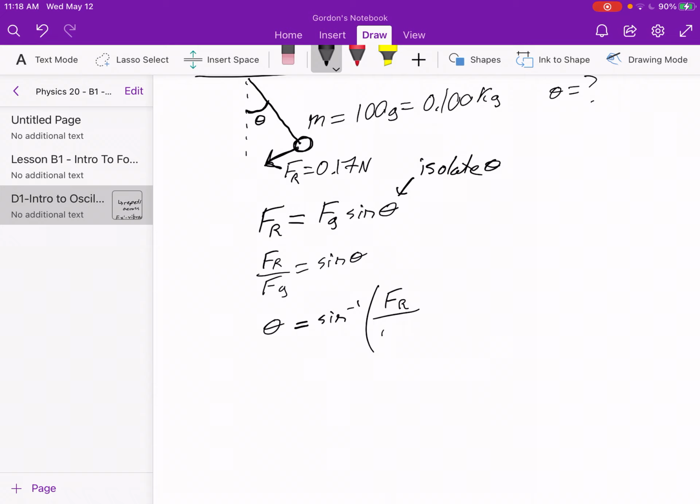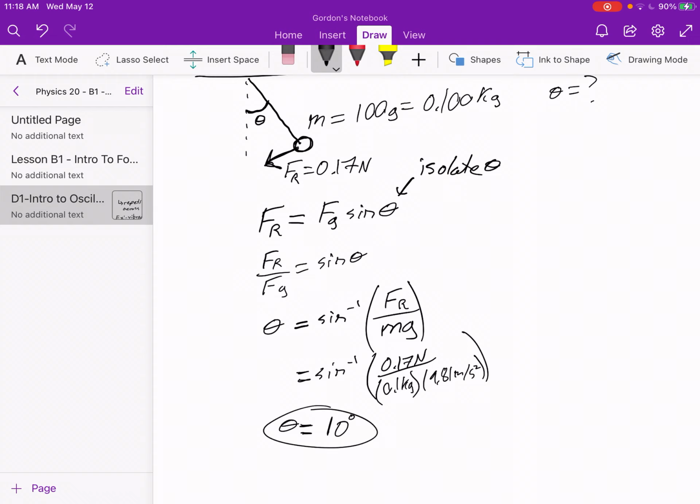The force of gravity in this case is, of course, just going to be mass times acceleration due to gravity. We're talking about on Earth. In this unit, you'll see we are going to talk about some cases where we're not on Earth, but for now, we are on Earth. So just the arc sine of 0.17 newtons divided by 0.1 kilograms multiplied by 9.81 meters per second squared. And this gives us an angle, if we plug this into our calculator, work it out, of 10 degrees.